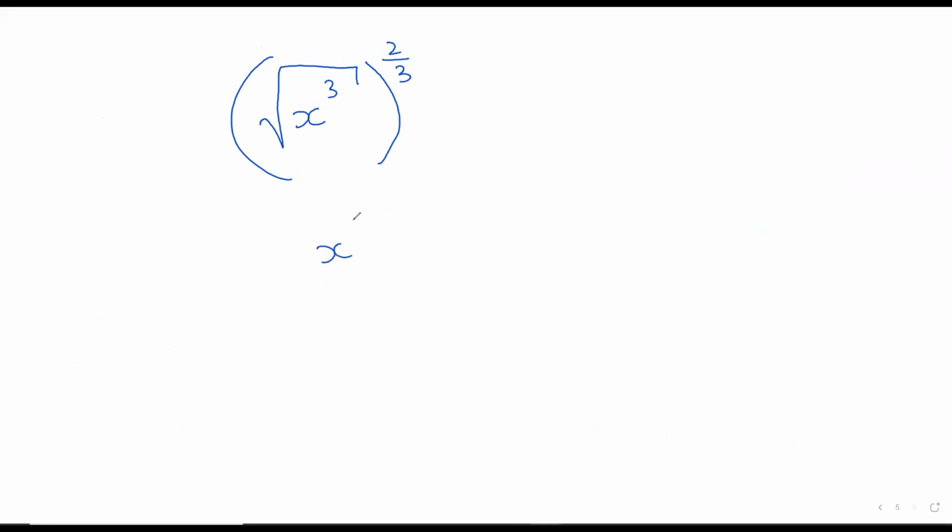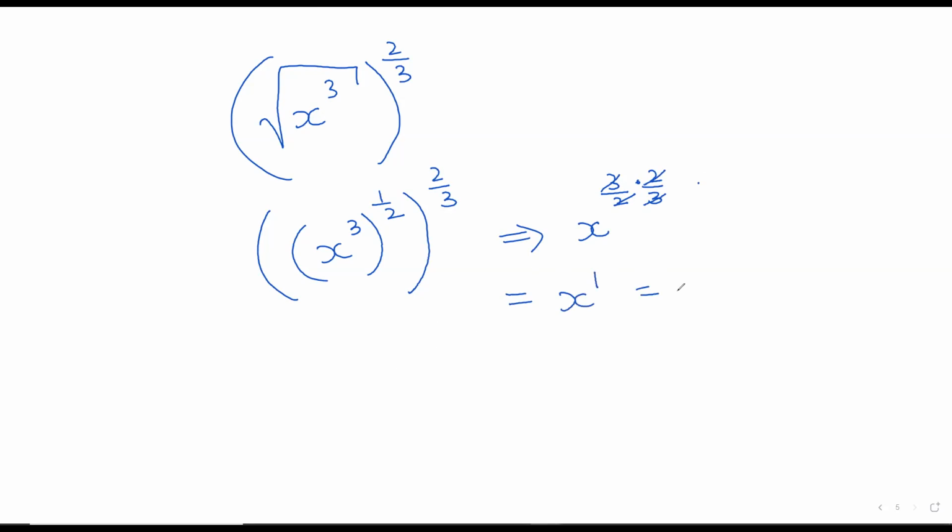So this can be written as x cube, whole to the power 1 by 2, and this whole thing to the power 2 by 3. So then we have x to the power 3 by 2 into 2 by 3. Is it right, Mridula? Yes, ma'am. Okay, so these two get cancelled. So this is x to the power 1, which is equal to x.